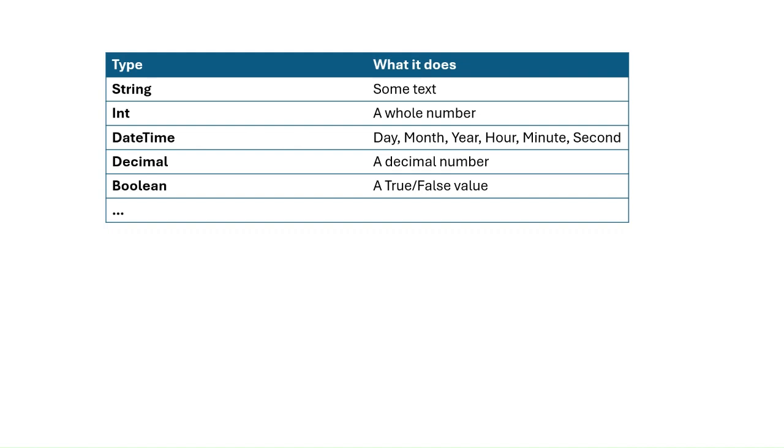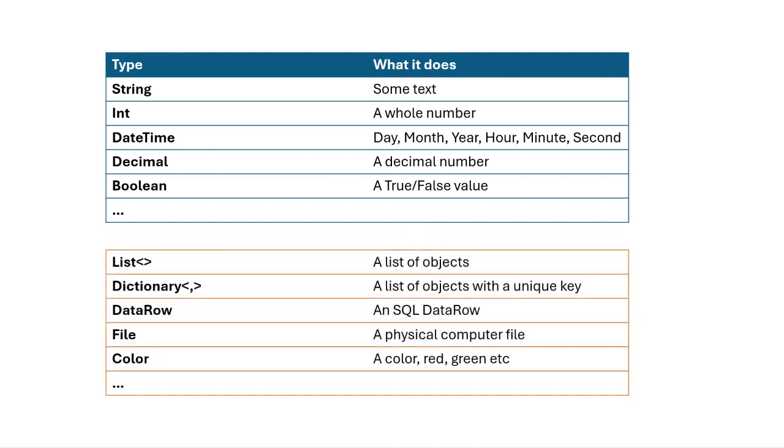But then some we didn't cover, such as decimals, which are decimal numbers, booleans, which are true, false values, and then many that we will cover in future videos, types such as lists and dictionaries and data rows and files and colors. And for all the functionalities you could think of, there are types that go along with it. You can build your own types that have their own functionality built in as well. So there are 3 very important concepts that we've covered.